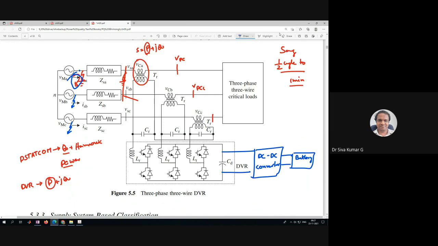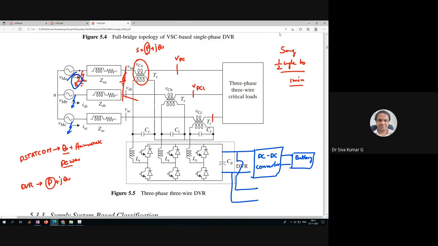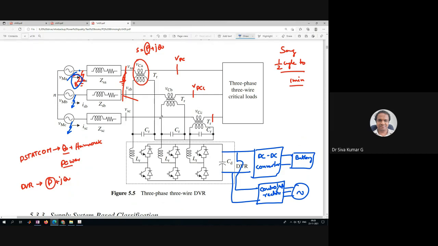Otherwise we can go for a controlled rectifier charging from another source, an idle source also. This way also can be done. But the capacitor does not need to be charged from the same source.